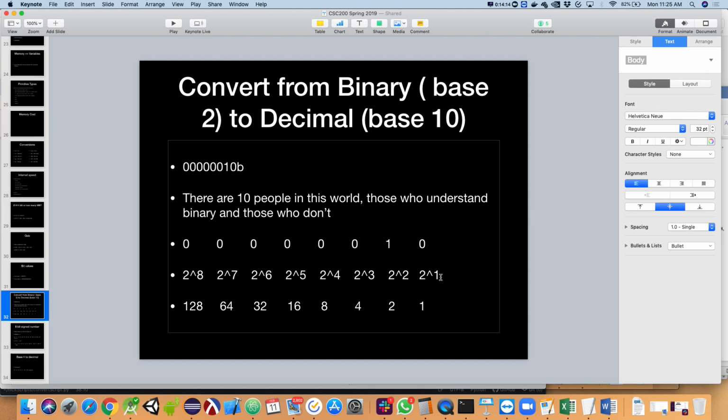And I actually wrote this wrong. This is 2 to the 0, this is 2 to the 1, this is 2 to the 2, 2 to the 3. I should have started at the right, but I didn't. 2 to the 4, 2 to the 5, 2 to the 6, and 2 to the 7. All right, so 2 to the 0th power is a 1.